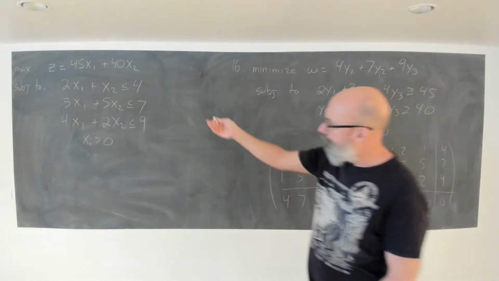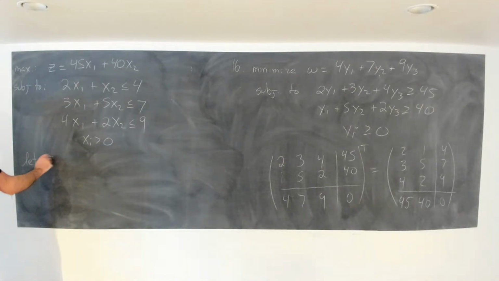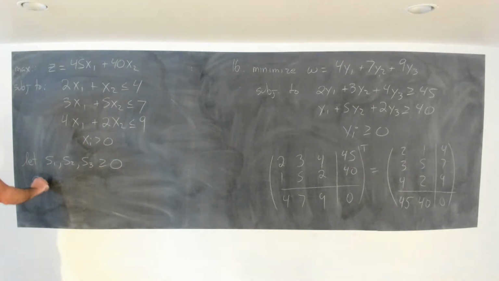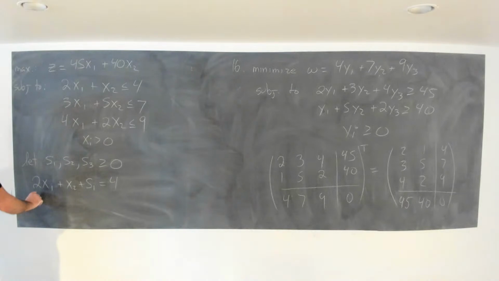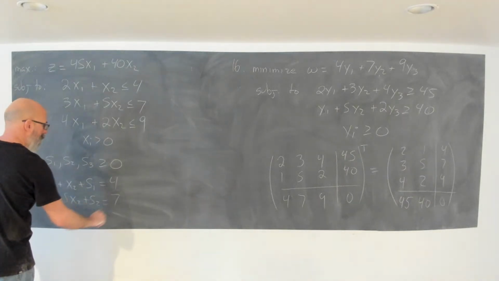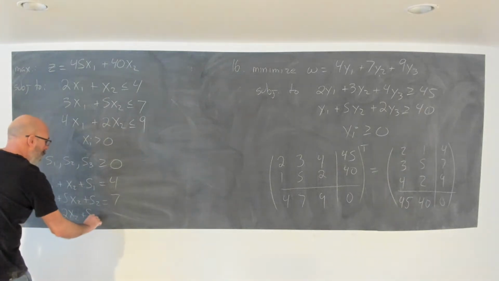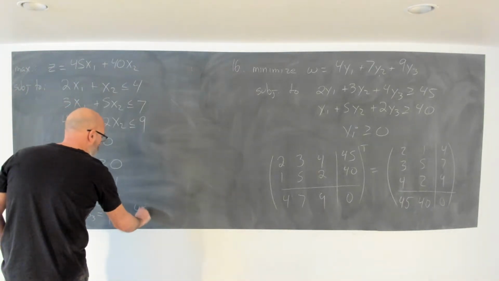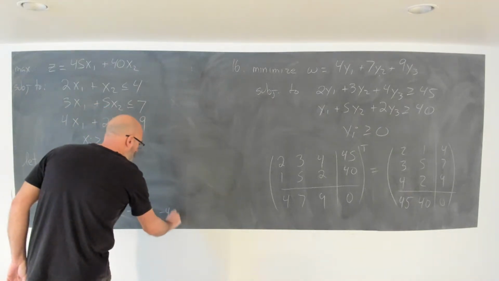Let's introduce slack variables to transform the inequalities into equations. And bring the x's to the other side, you know the deal here.